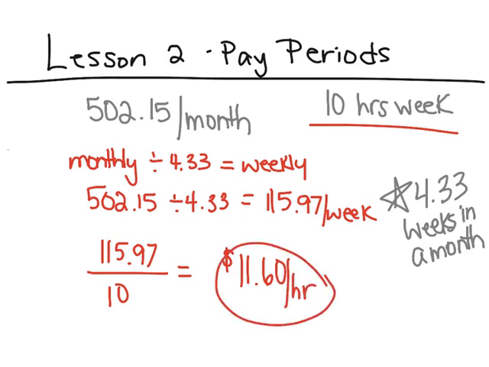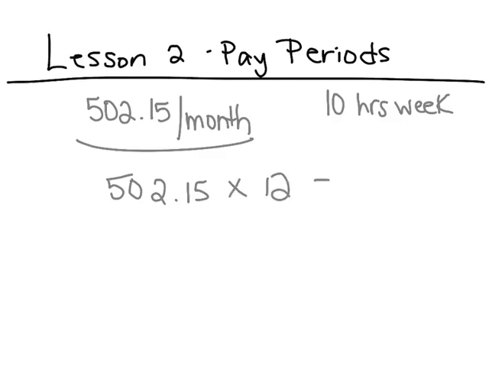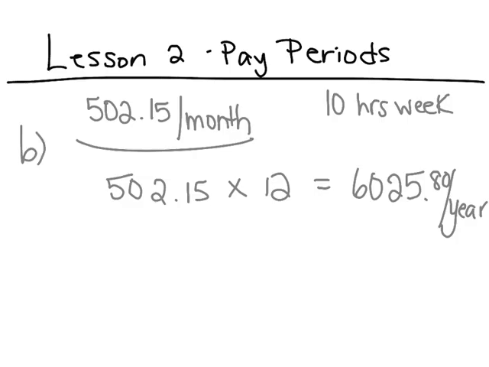That's her hourly salary. To find out how much she would make in a year, well, we know this is per month, and there's 12 months in a year. So you take 502.15 times 12, you get $6,025.80 per year. So that's for part B.